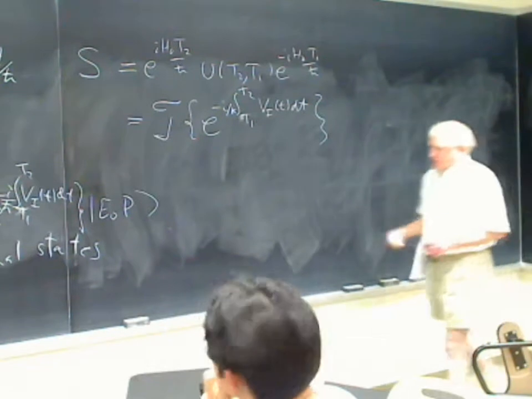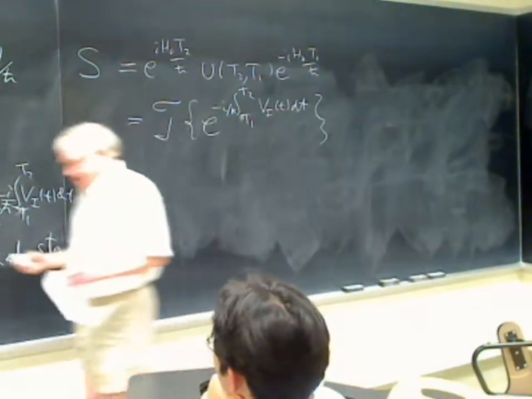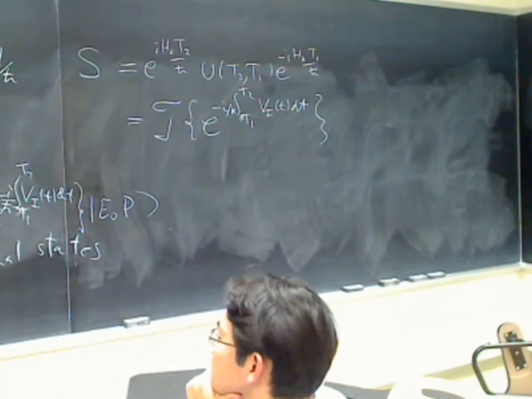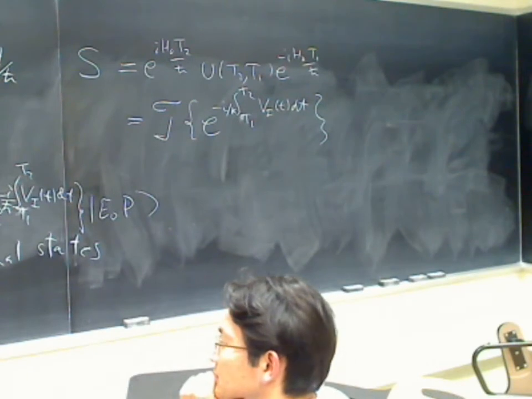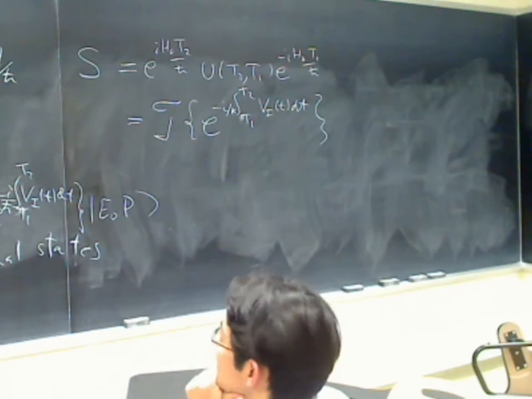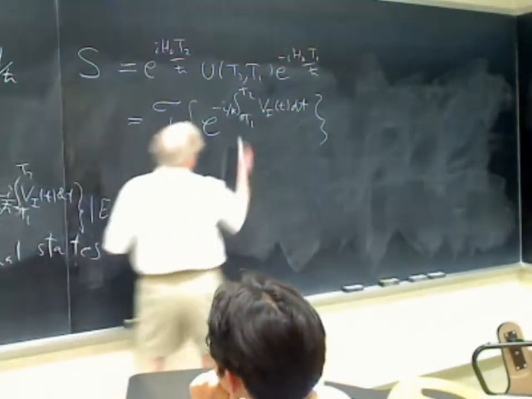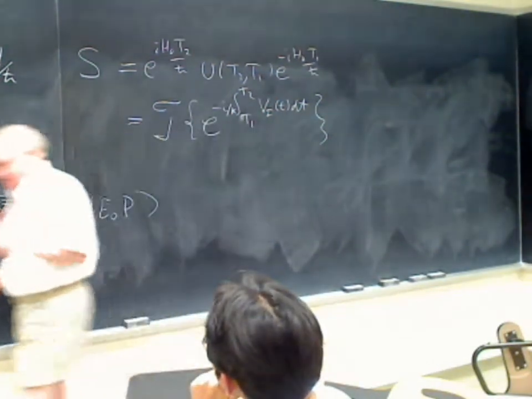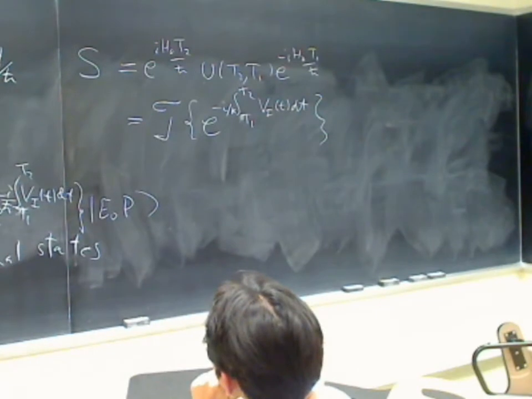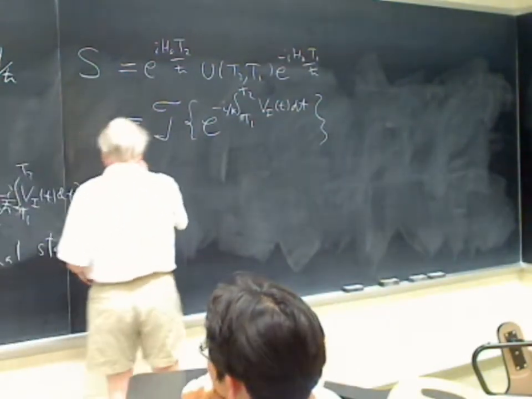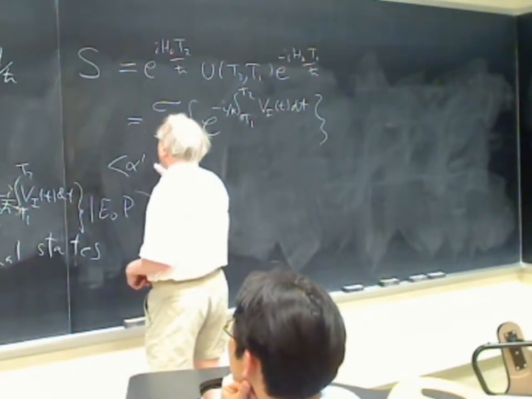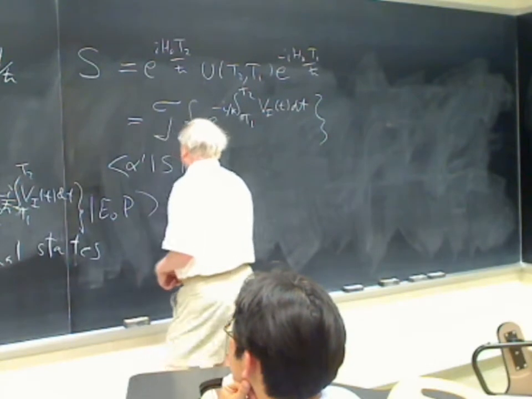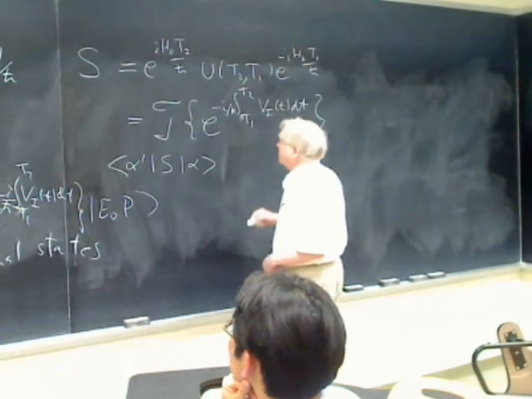And the S operator between eigenstates of the free Hamiltonian has matrix elements that differ only by a phase from the true time-evolved matrix elements, time evolved by U. So they just differ by this phase. Once again, let me call it alpha prime, S, alpha. These are eigenstates of the free Hamiltonian.